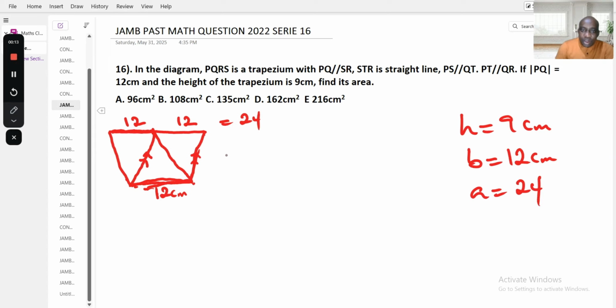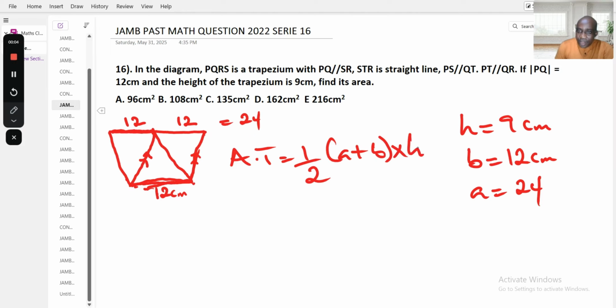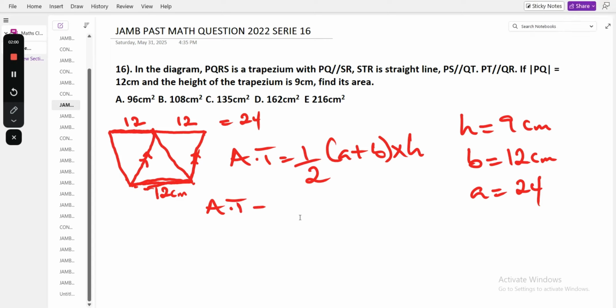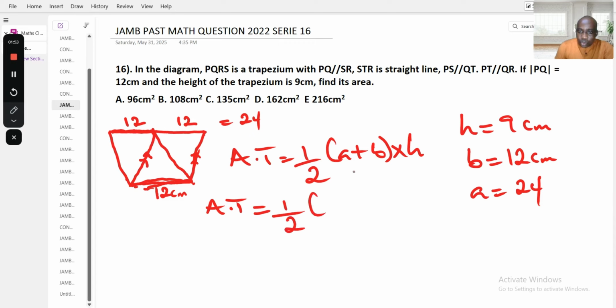What is the area of the trapezoid? Area of trapezoid is half multiplied by A plus B multiplied by height. This is the formula we are going to use. Therefore, our area for trapezoid equals 1 over 2. What is our A?